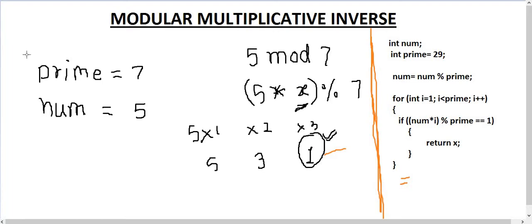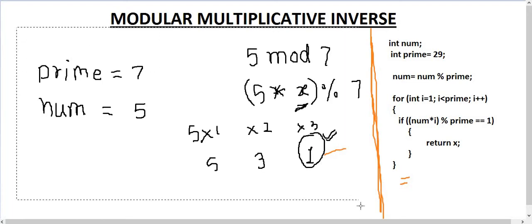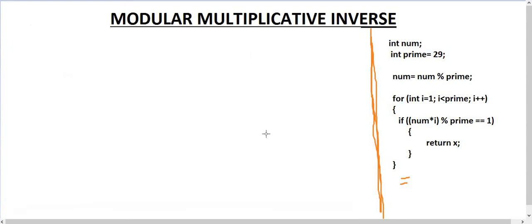So we can clear this. Let the number be anything you want, let's say 5, and the prime number is again 29.